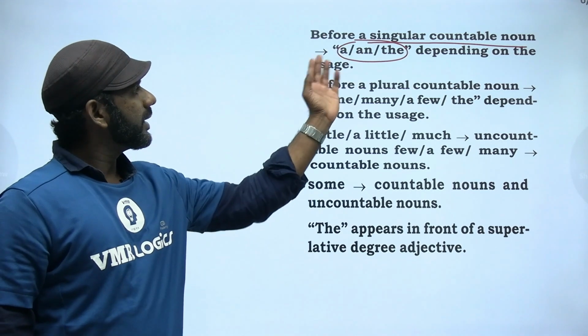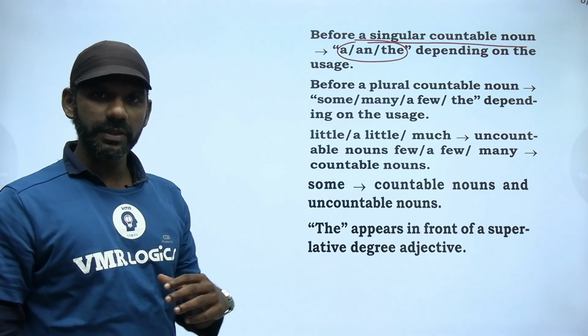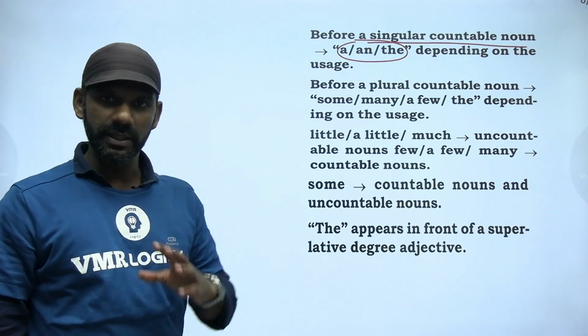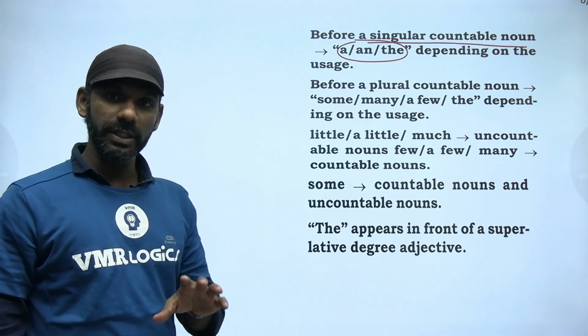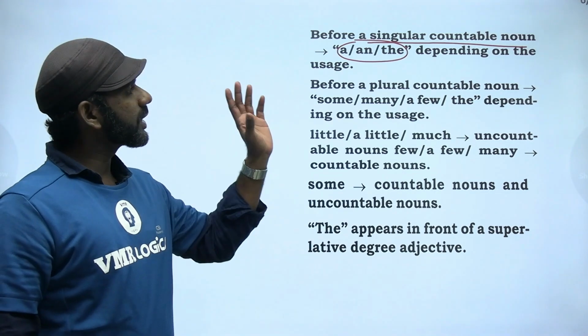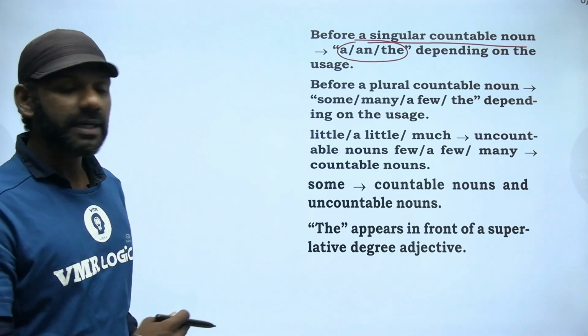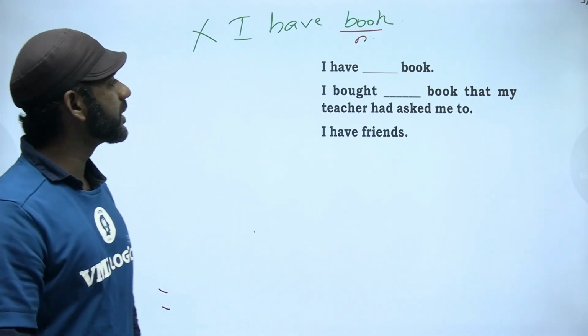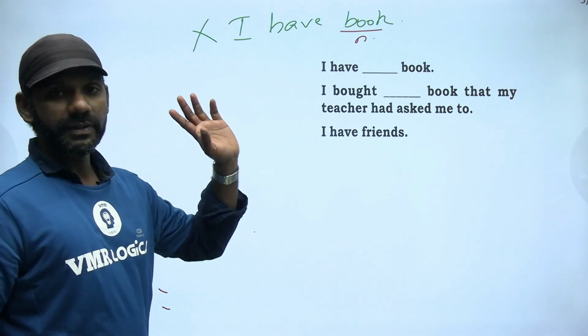As you know, a and an are used with singular countable nouns. The is used with singular countable nouns as well, because the can be used with singular countable nouns, plural countable nouns and uncountable nouns. So before a singular countable noun, there will be a, an or the depending on the usage. Now come to the first statement. I have dash book.